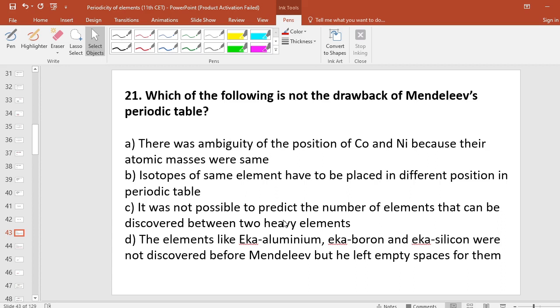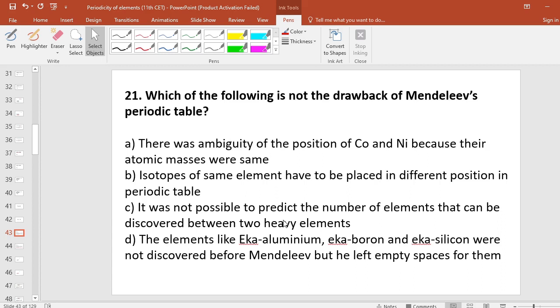Isotopes of the same element have to be placed in different positions in the periodic table. Isotopes have different masses, so even if the element is the same, they have to be placed in different boxes. That is also a drawback of Mendeleev's periodic table.